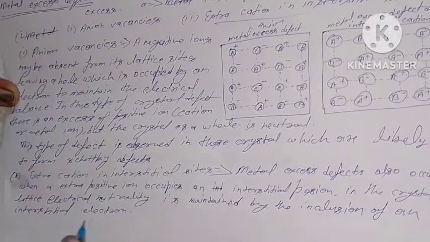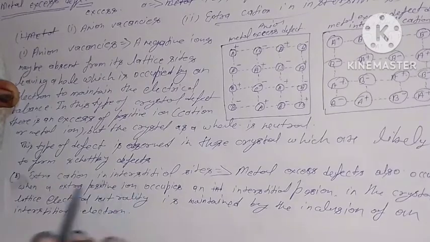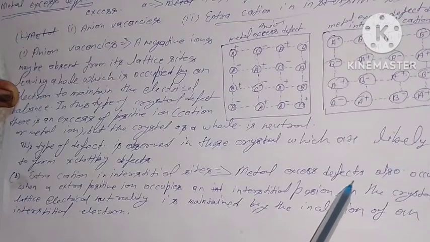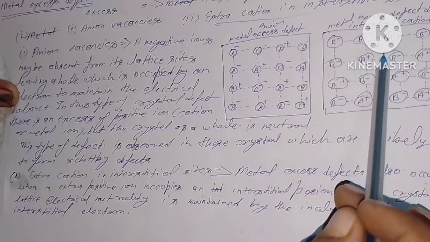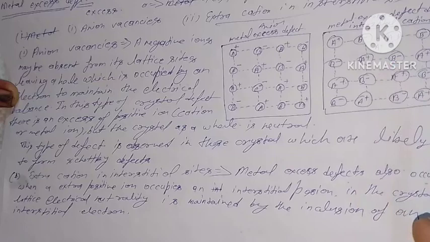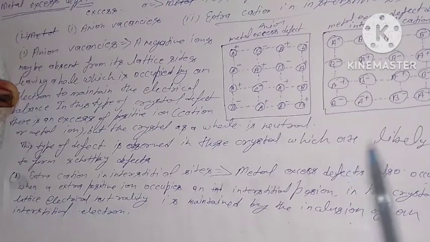Extra cation in interstitial sites. Metal excess defect also occurs when an extra positive ion occupies an interstitial position in the crystal. The lattice electrical neutrality is maintained by the inclusion of interstitial electrons.